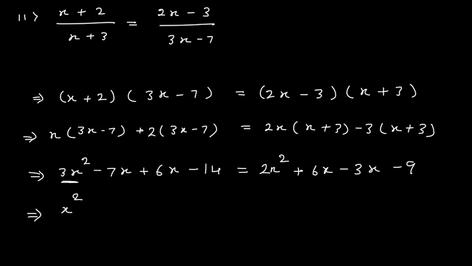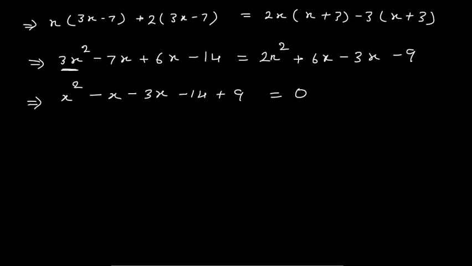When it comes on the left hand side, it will be minus 3x. Then here we have minus 14, and this minus 9, when it comes on the left, it will be plus 9. So my equation now is x square minus 4x minus 5 equal to 0.